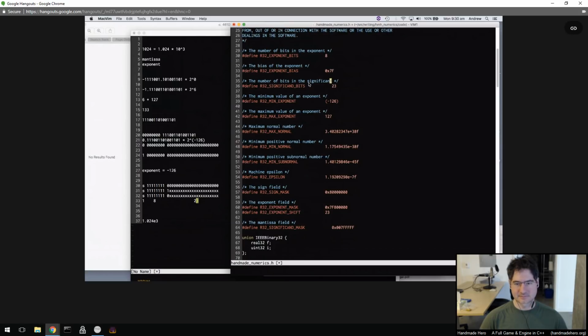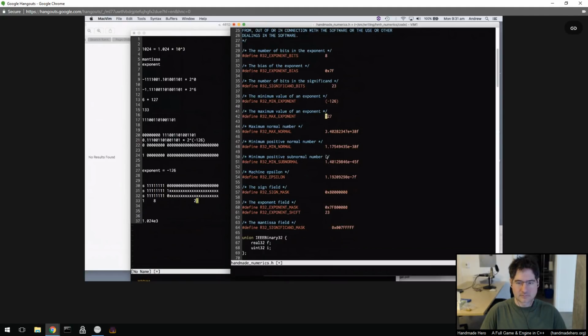The minimum and maximum exponents are of course not symmetric around 0, because we reserve 2 values, one for subnormal and one for all of the other special cases, for things that aren't finite numbers. Then we've got a bunch of constants here.